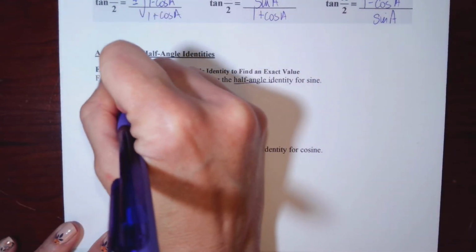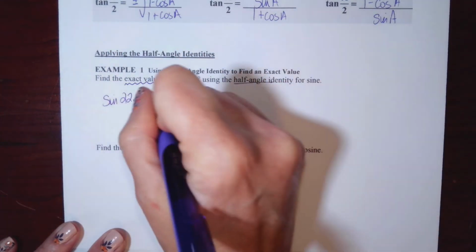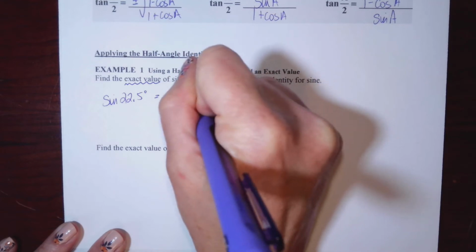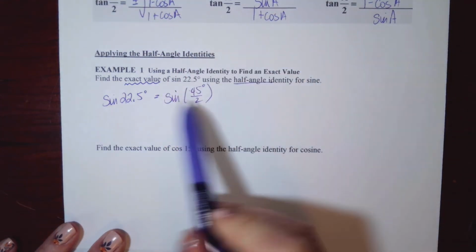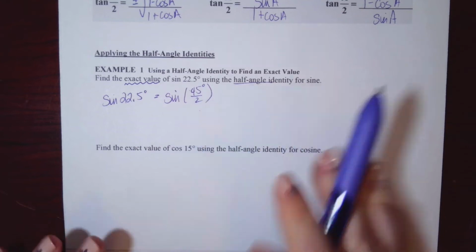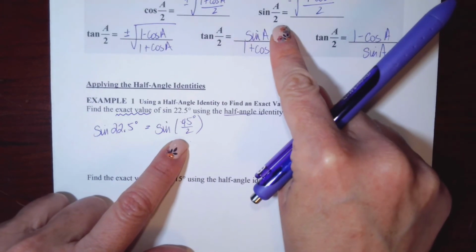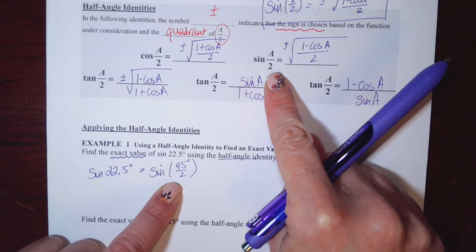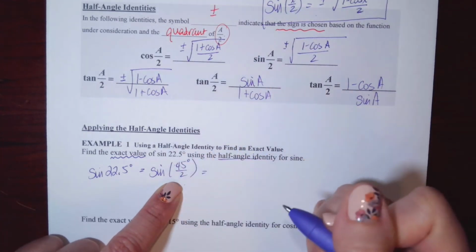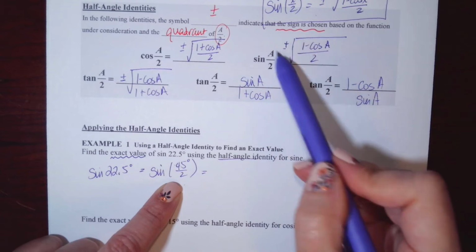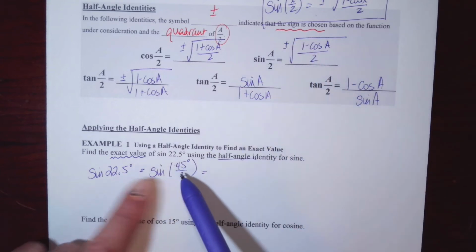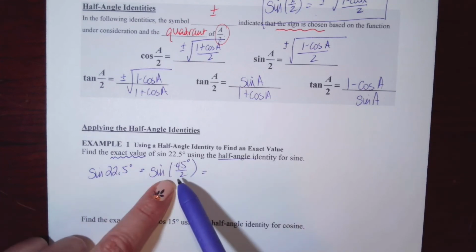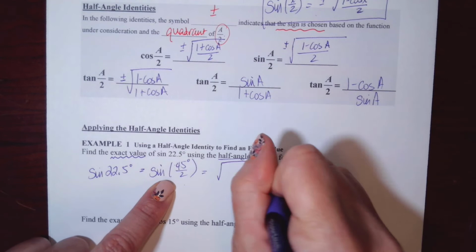So sine of 22.5 degrees is the same thing as the sine of half of 45 degrees. This sets me up for a half angle identity where A is 45 degrees. Now I don't need to do plus or minus because I know that 22.5 degrees is in quadrant 1, so sine is going to be positive there.